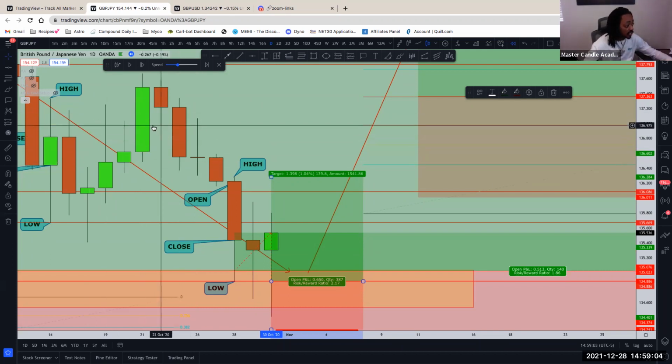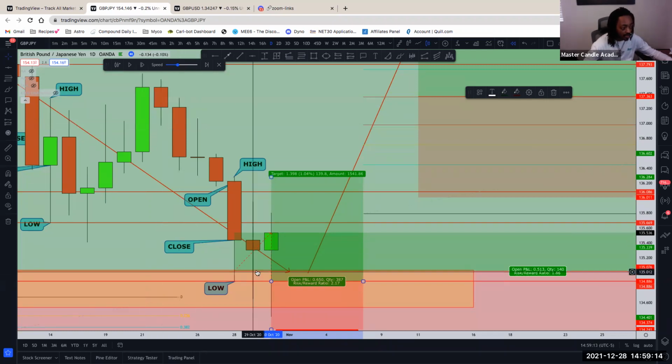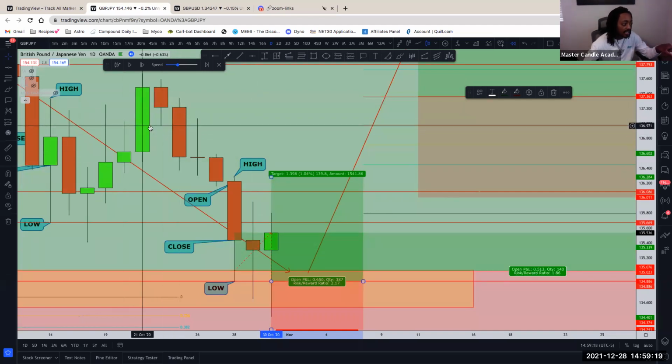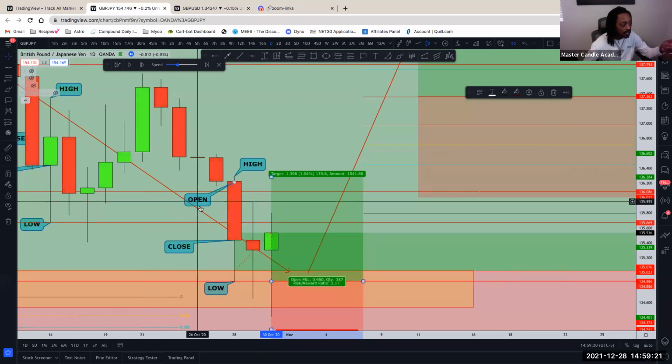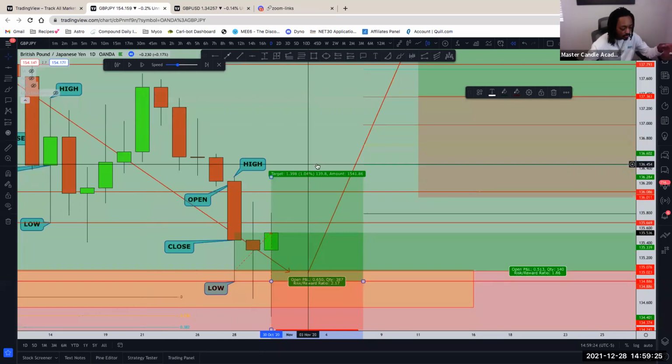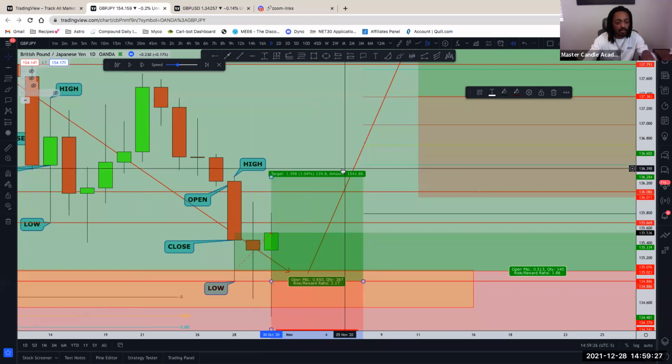We see a case where price does break the low of the candle, and we see price come to retest said low right here and continue to the downside. Does that make more sense now? If a candle breaks the low, it's going to continue. If it fails to break the low, it's going to reverse. Does that make sense?